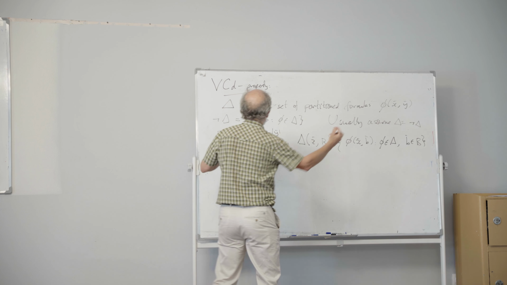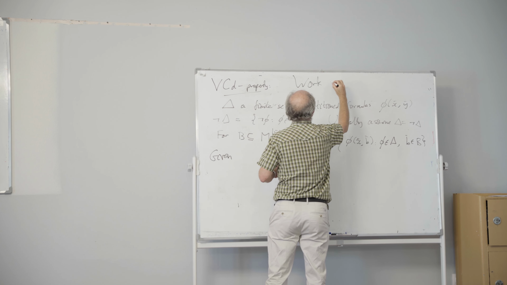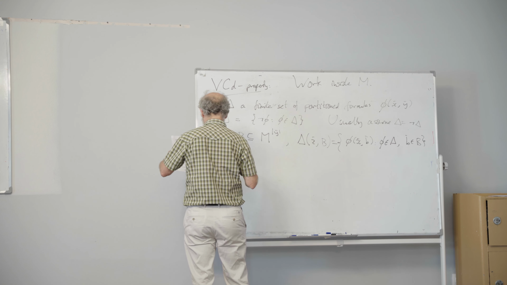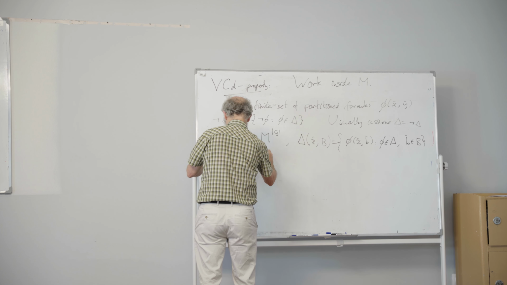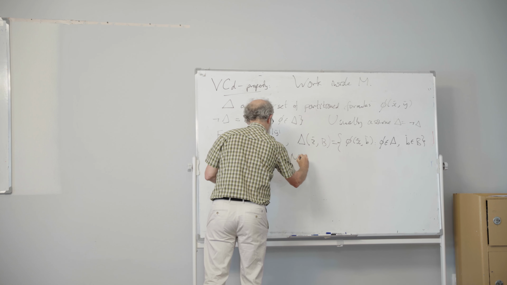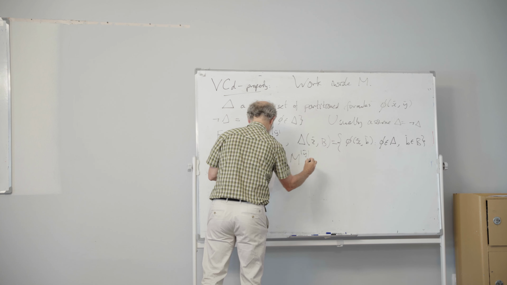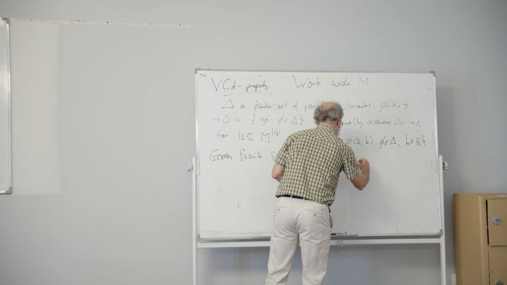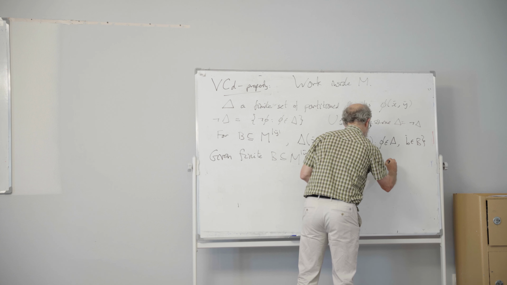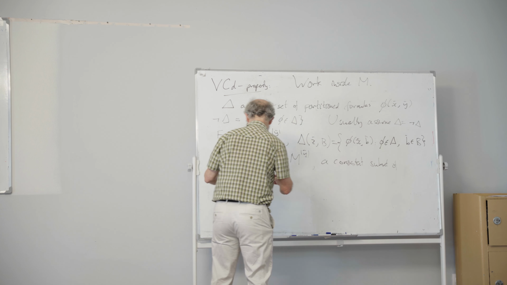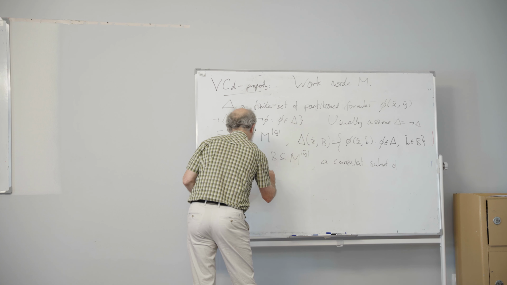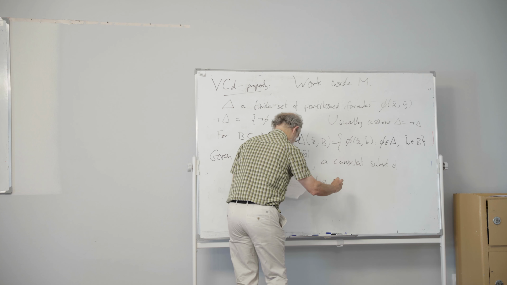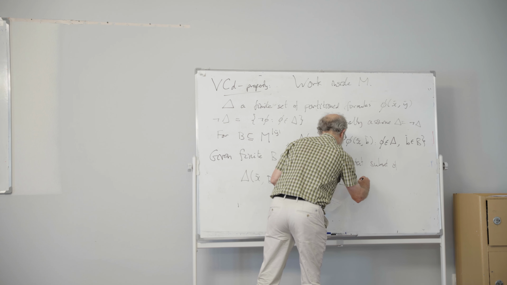I guess we work inside some model M. So given a finite B, a set of y tuples, a consistent subset of delta(x bar, B) is called a delta(x bar, B) type.